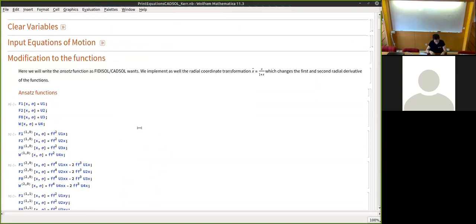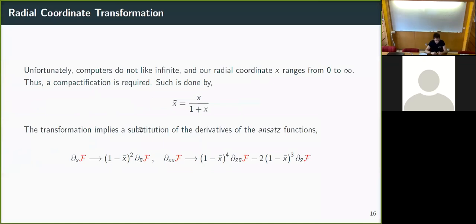But before we do that, the radial coordinate that we use goes from 0 to infinity, but computers don't like infinite quantities very much. So it's useful to impose a compactification. And one way of doing this is basically this coordinate transformation. And since we do this coordinate transformation, the derivatives will also change, by these factors.